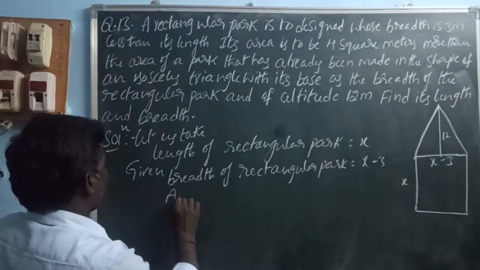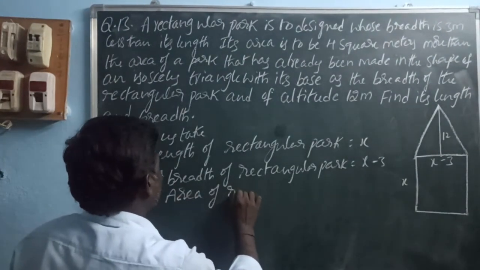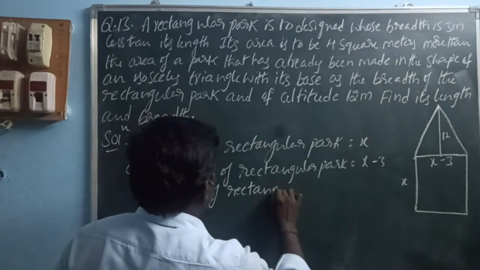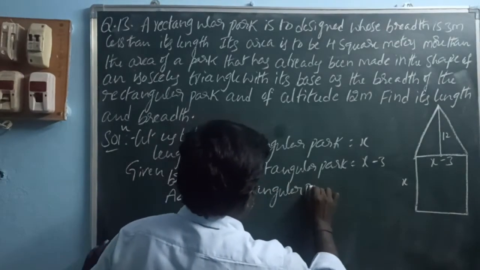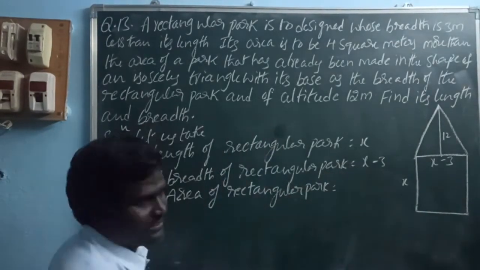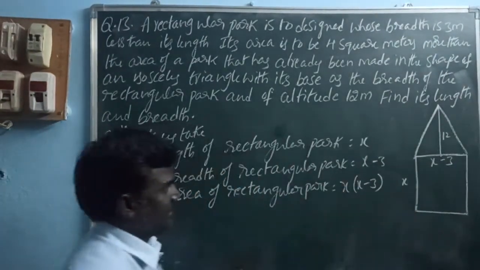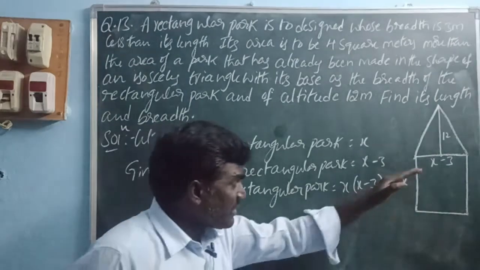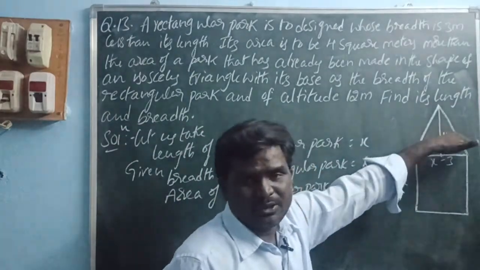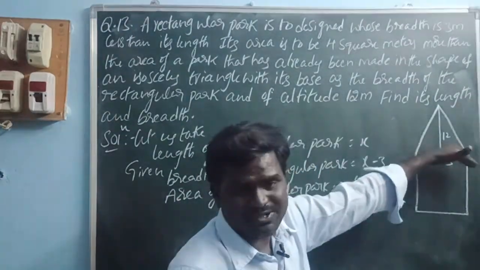So the area of the rectangular park is length into breadth, x into x minus 3. Here an isosceles triangle is made with the base as the breadth.